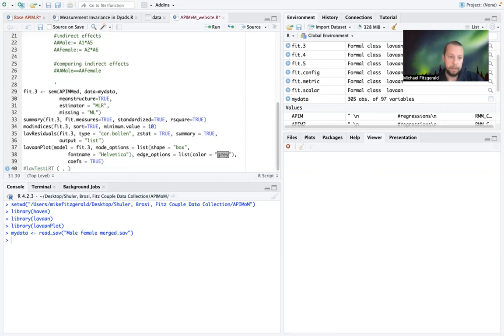I typically use robust maximum likelihood, but for this demonstration, I'm just going to use traditional maximum likelihood because we will be doing some LRT tests. And when you have robust maximum likelihood, you cannot trust just the chi-square difference test as you would in a normal SEM because we have that scaling correction factor to account for. And so we would need to do some extra tests. And so for simplicity, I am just going to be using maximum likelihood.